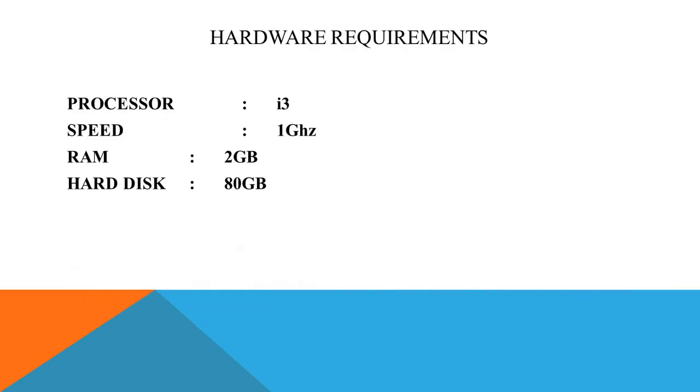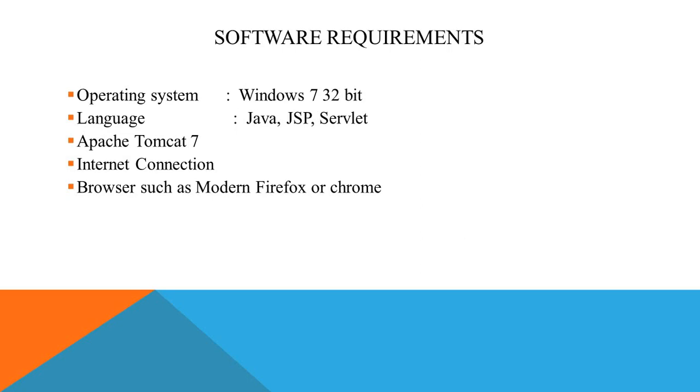Here are the hardware requirements which we have used: processor Intel i3, speed of 1 GHz, RAM 2 GB, and hard disk of 80 GB. Here are the software requirements: operating system Windows 7 32-bit and above.